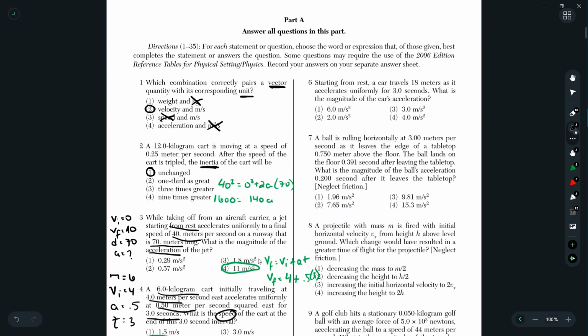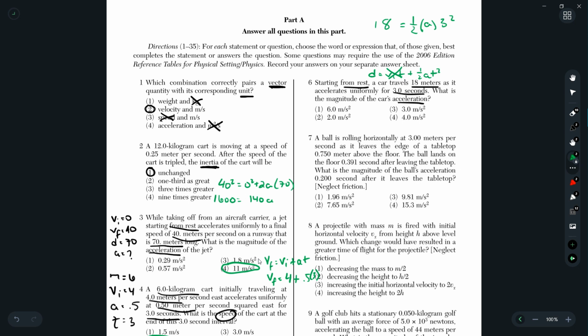Alright, starting from rest, it goes 18 meters in 3 seconds. What's the acceleration? This one is d equals Vi t plus 1/2 a t squared. Initial velocity is 0, so that goes away, which means I'm just looking at 1/2 times a times 3 seconds squared, which equals 18.